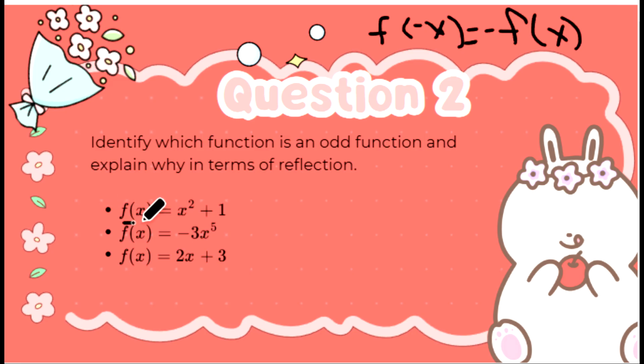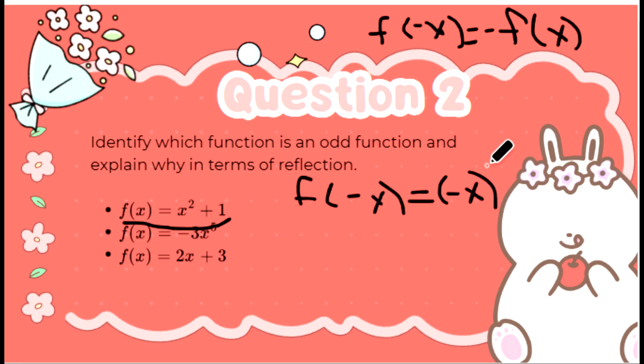So we're going to take our first formula and substitute negative x in there. So f of negative x is equal to, make all of the x's negative, so negative x squared plus 1. A negative times a negative becomes a positive, so we have just x squared plus 1.